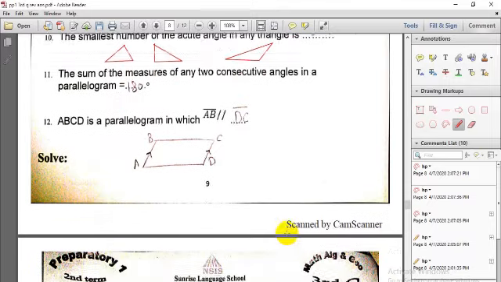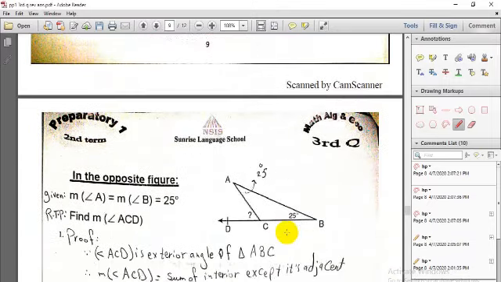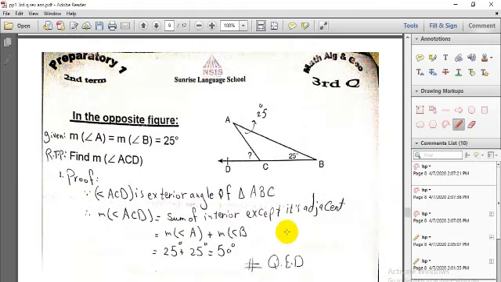Okay, let's start the problem solving. And of course, in solving problems, we're going to use the deductive proof. Do you remember how to make a proof? First, we are going to write the given.